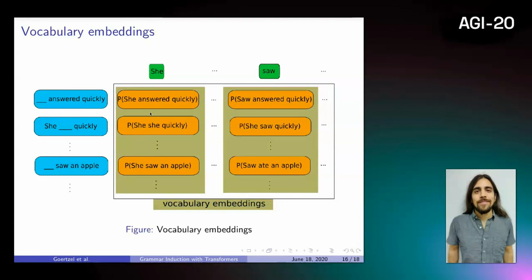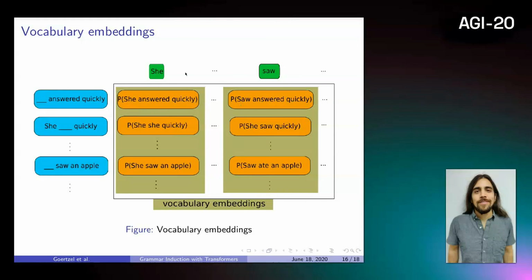If you use columns, then you are checking if the word in the vocabulary has a similar use to other words in the vocabulary, because it will have a similar probability in each component if these two words have a similar function in the language. If she has a similar function to saw, then "she answered quickly" would be similar to "saw answered quickly", which in this case is not.